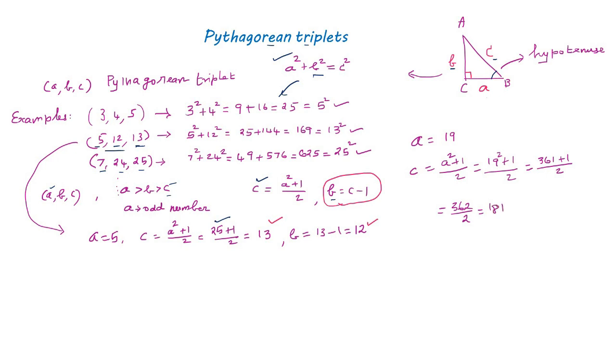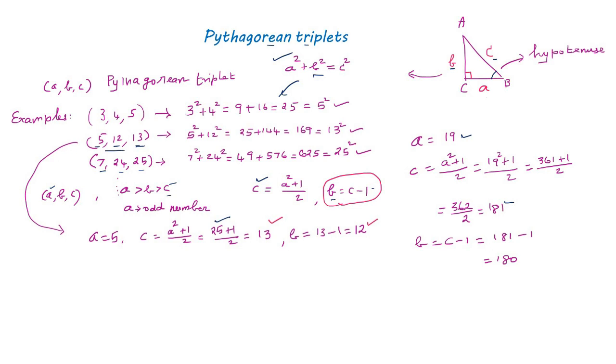So if a is 19, then your c comes to be 181. What will be b? c minus 1, so 181 minus 1, which is 180. So we have got a, b and c.